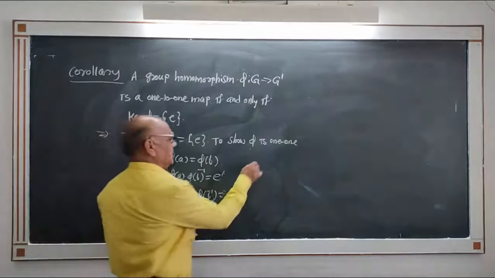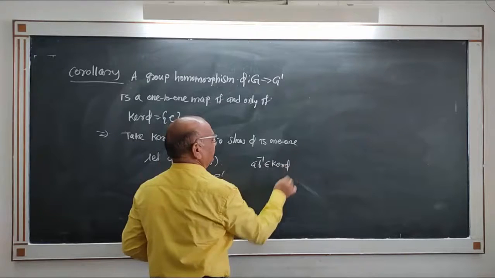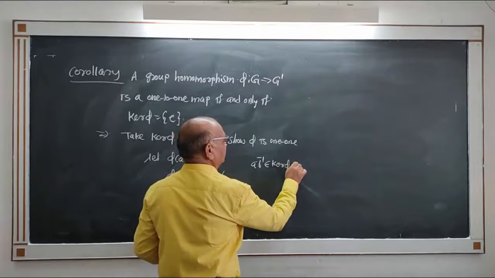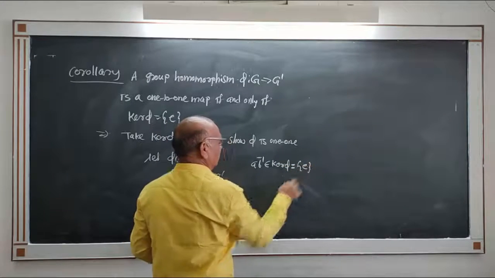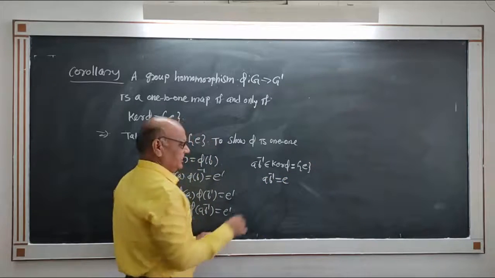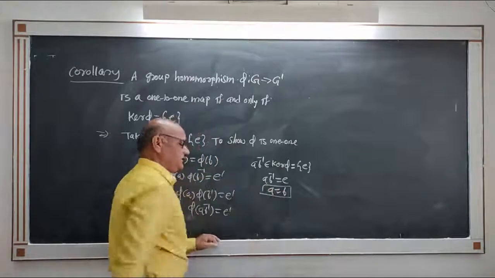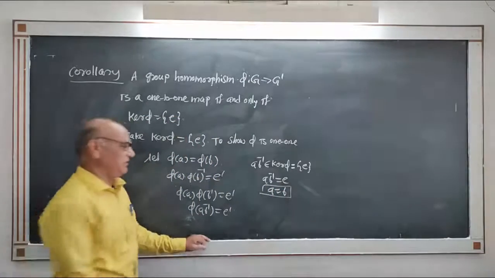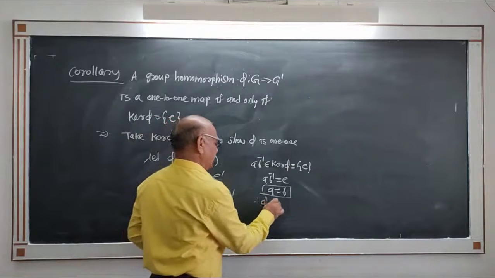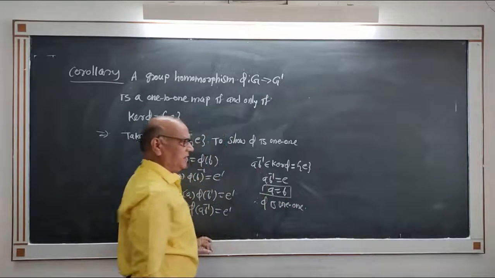That means A B inverse belongs to kernel phi, but kernel phi is equal to singleton E. Therefore A B inverse is equal to E, and this gives A is equal to B. That means phi is one-to-one.